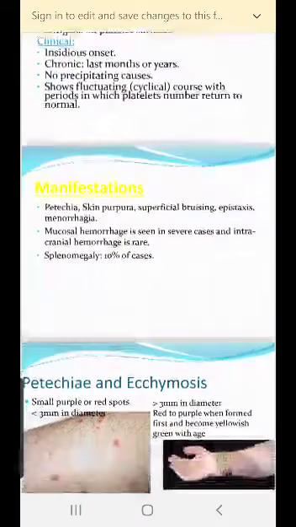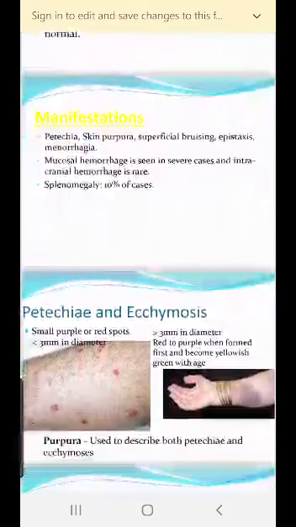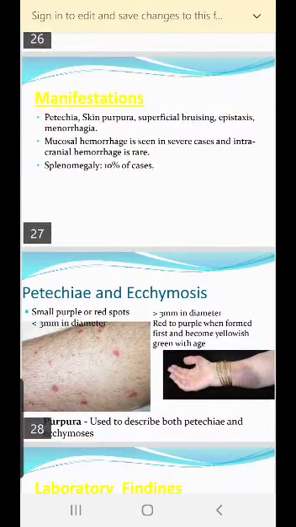So, manifestations. Before I get into the manifestations, I would like you to know one difference between the platelet and the coagulation system. There are coagulation factors 1 to 12, which are known as clotting factors. The symptomology in the clotting factor diseases is more severe than in thrombocytopenia.